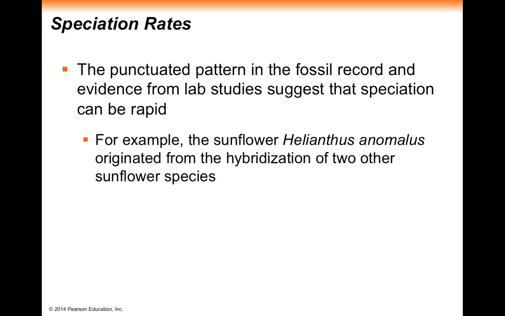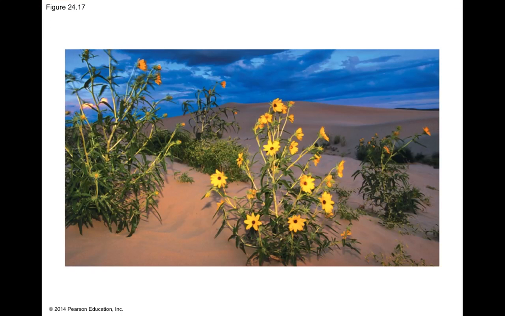So one species of sunflower, Helianthus anomalus, we know from looking at the DNA that it originated from two parents, and it wasn't a simple case of polyploidy, because the same number of chromosomes are present in anomalus as in the two parent species, Helianthus annuus and Helianthus petiolaris.